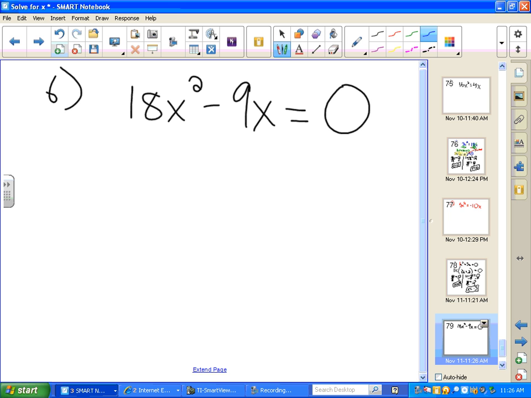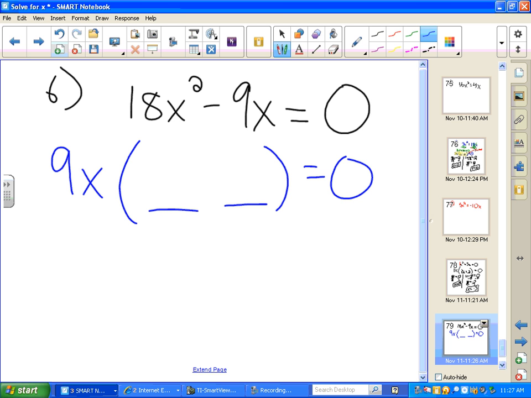So 9x is the GCF. 9 and x is the most amount that you can divide from each term. It's the greatest factor that evenly divides into each of the previous terms. So 9x is your GCF. We now need to find inside parentheses what we're left with.